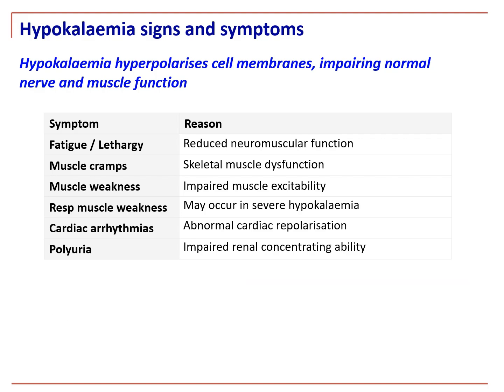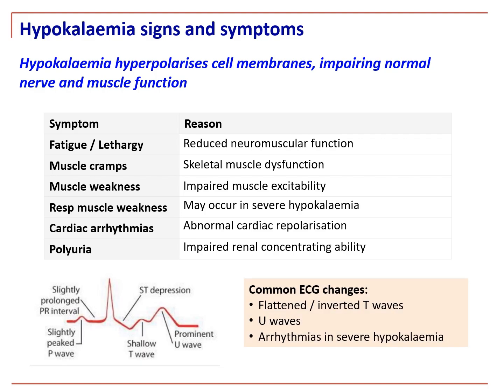Thinking about an ECG, if you're that way inclined, there are some common ECG changes that you might see, in no particular order. You can see potentially flattened T waves. You might be seeing ST depressions. You see these prominent U waves that you don't usually see in health. So there are lots of potential changes that you see. And then, as we talked about, the symptom might be arrhythmias that can be seen in severe hypokalemia.